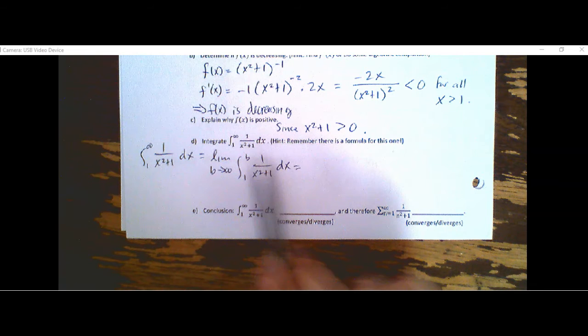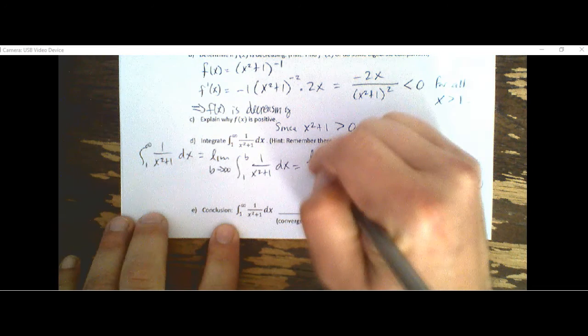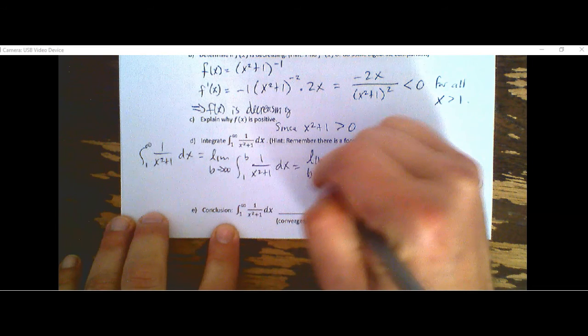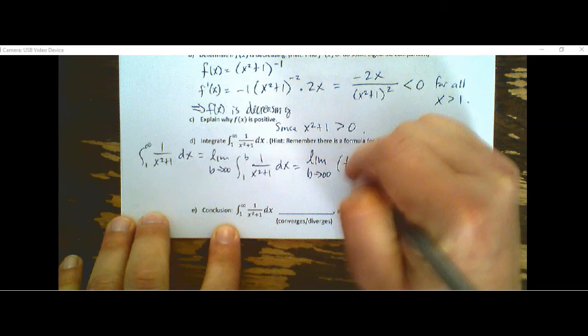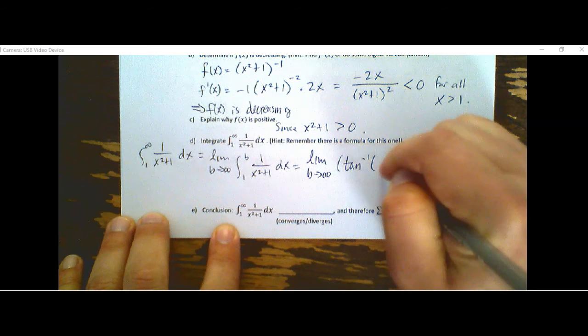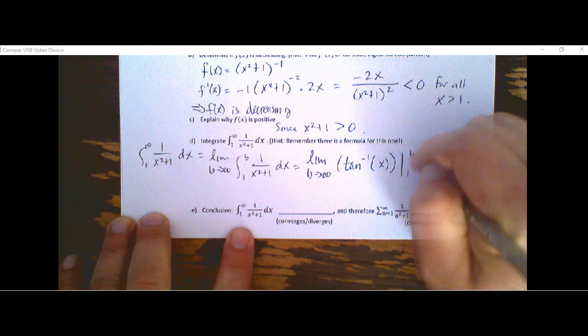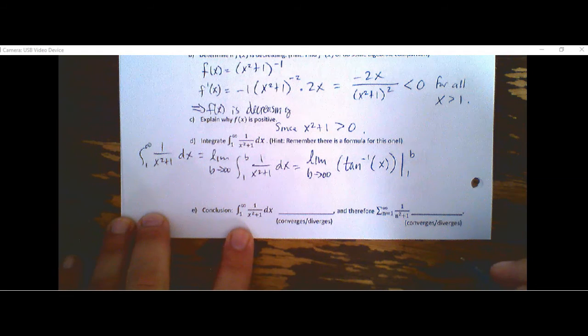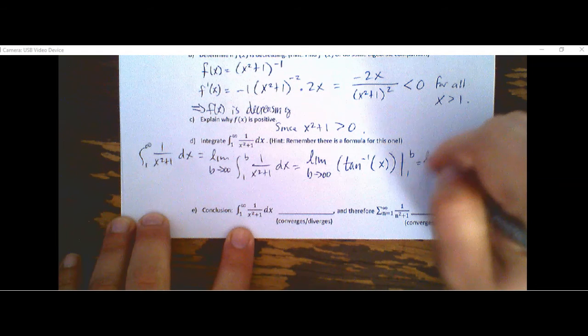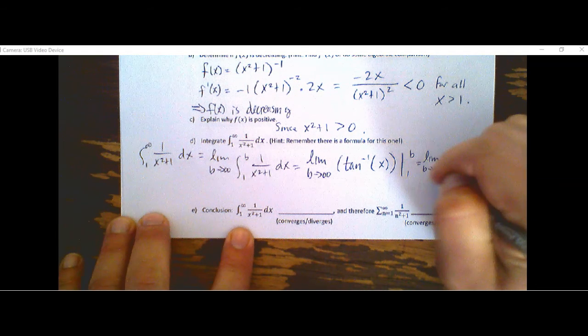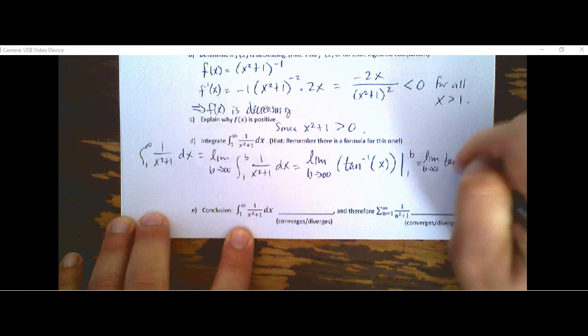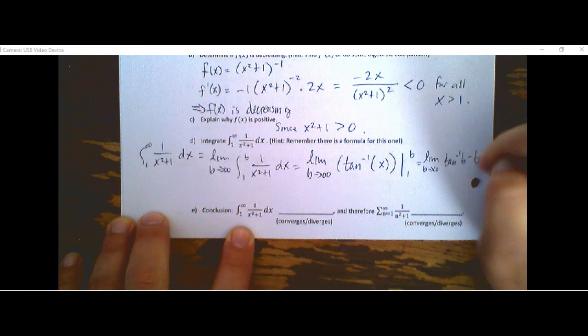It should be on your list of integrals. The antiderivative of 1 over x squared plus 1 is tan inverse of x. So this is the limit as b goes to infinity of tan inverse of x from 1 to b, which is the limit as b goes to infinity of tan inverse b minus tan inverse of 1.